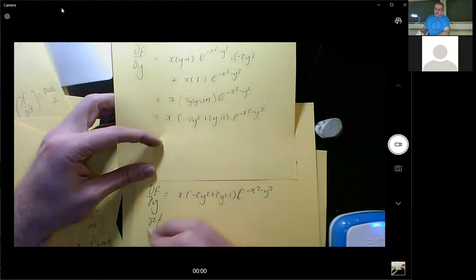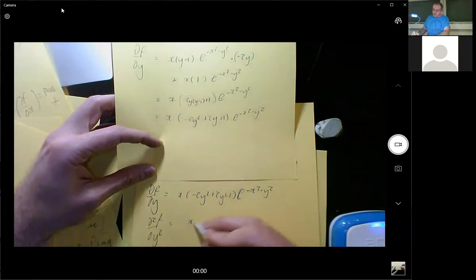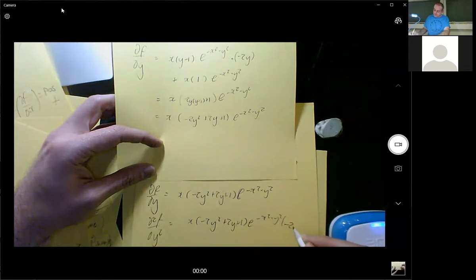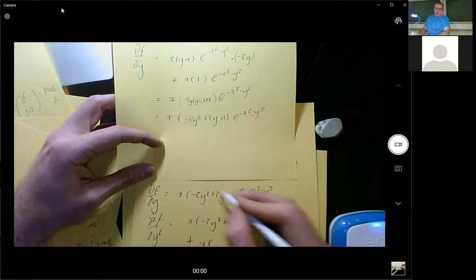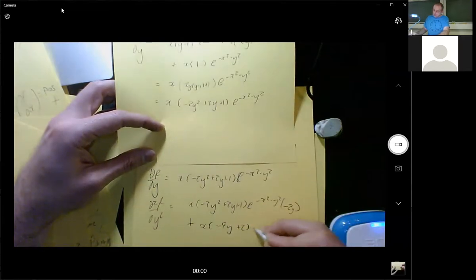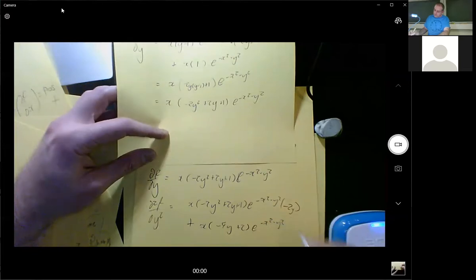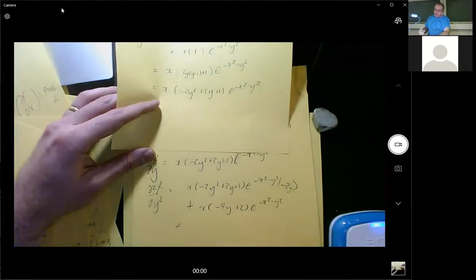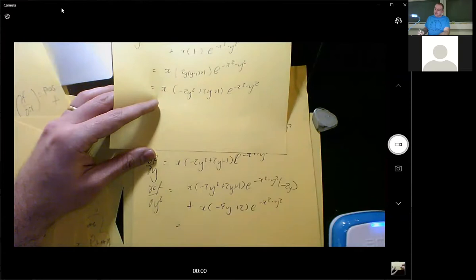And d squared f on dy squared would be product rule again. And the x will still be there, and I'll differentiate that, which is minus 4y plus 2, which doesn't factorize nearly so neatly as the other one does.